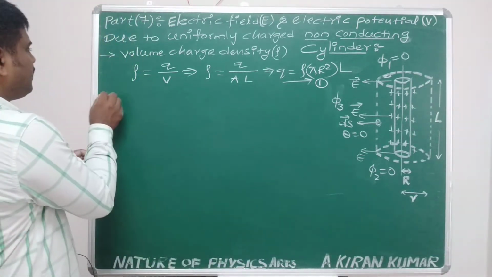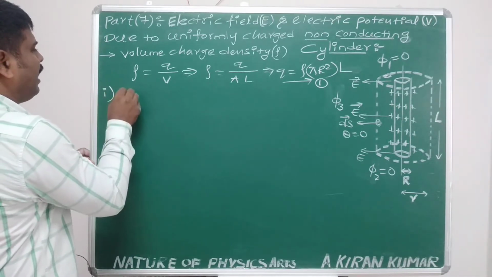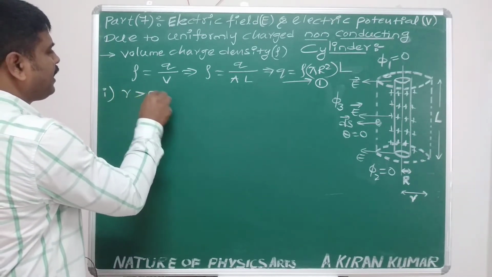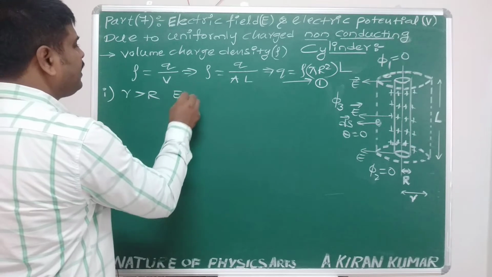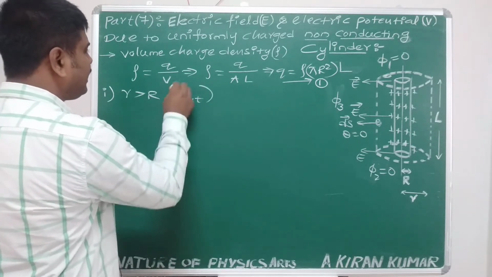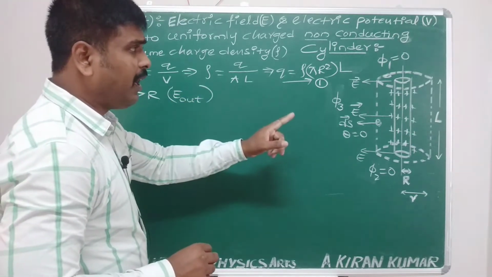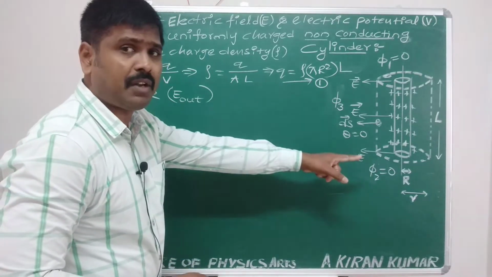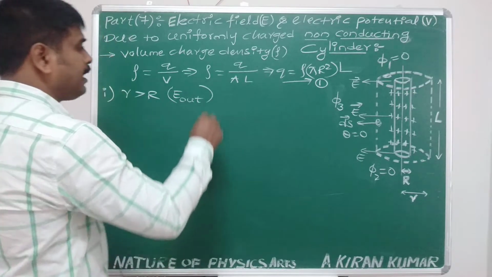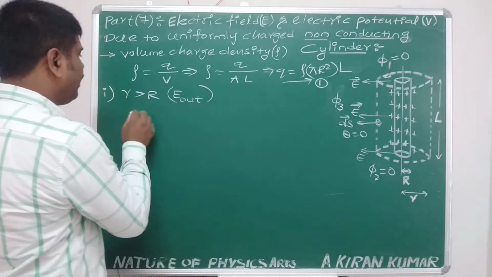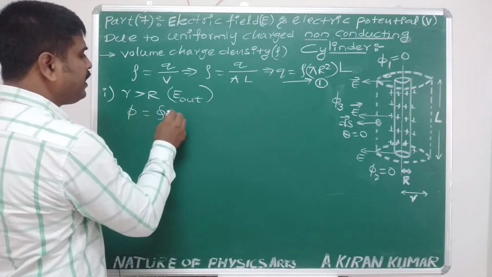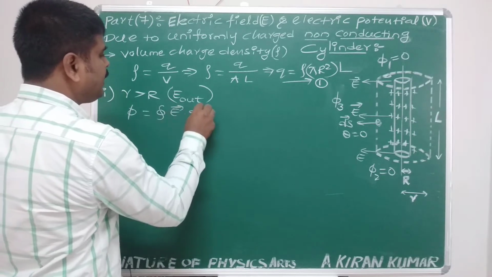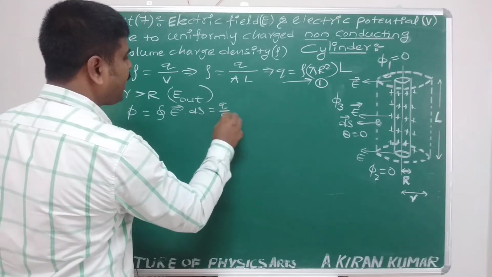First, R greater than capital R, that is, the electric field intensity outside. The electric flux is 0 due to the two plane surfaces, and we get flux only from the curved surface. That's why I directly write phi equal to closed integral E bar dot ds bar, which is equal to q by epsilon naught.